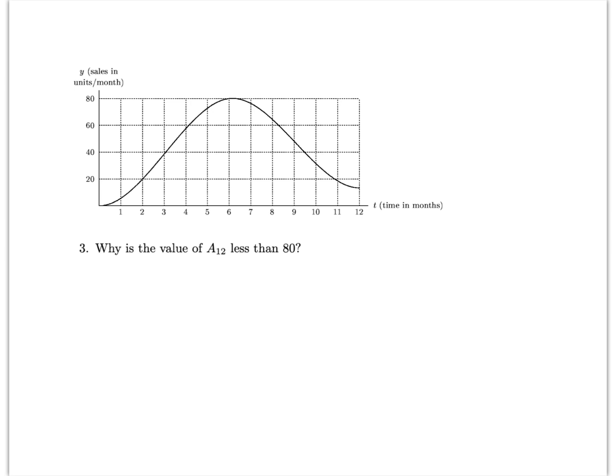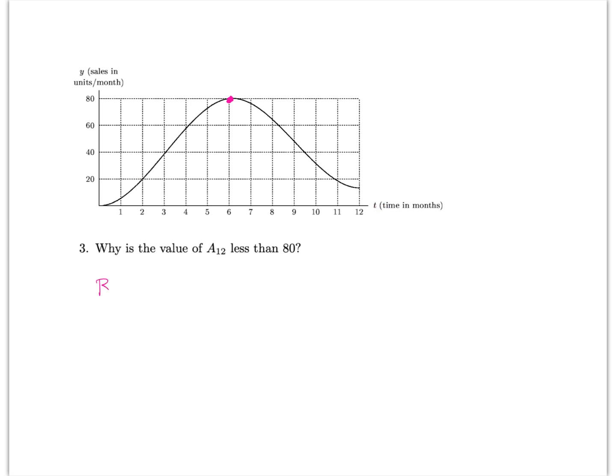Why is the value of A12 less than 80? Okay. 80 is our sales per month in our busiest month of the year at month 6. Sorry, 80 units per month in June. Okay, but all the other times of the year we get less than that.